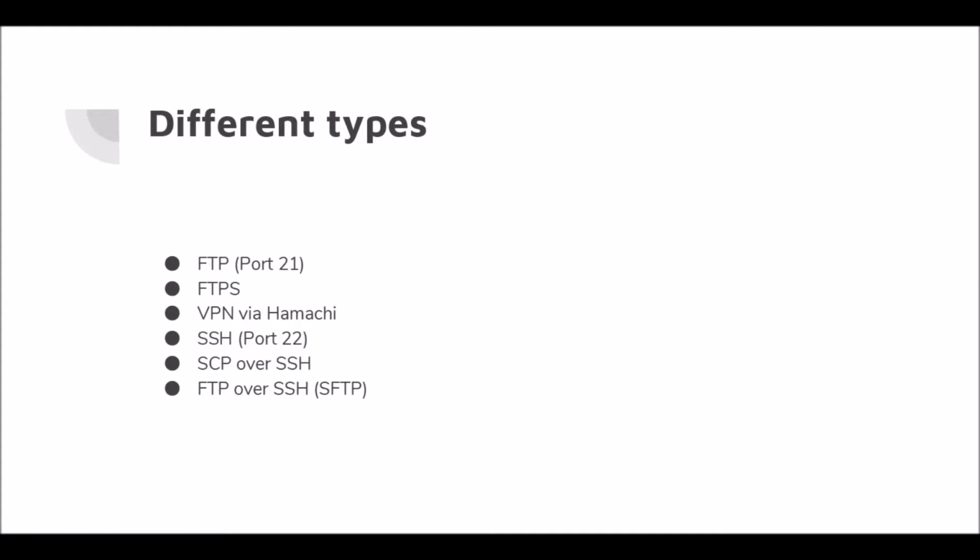Hamachi is a really easy system to use. Download it, install it, create a network, put a password, have a friend or a family member install it, have them join the same network you created, give them the password, and you'll see on your screen that, hey, I have these 5 people in my network. If you right-click on one of them and hit Browse, anything that they've shared locally, you can now see, because guess what? You're part of their network.